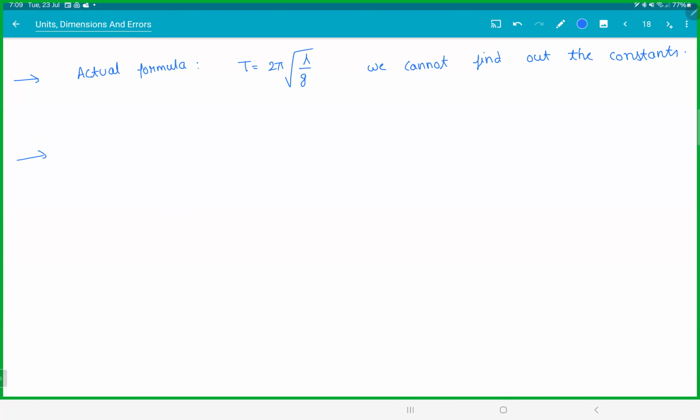Second, if the formula is in this form, S is equal to ut plus half at square, so if the formula is made of a sum or a subtraction of two terms, we can't use this method again. You won't get the two terms.